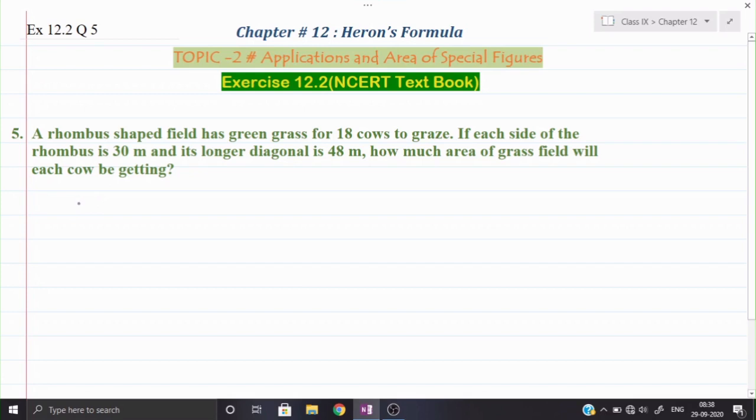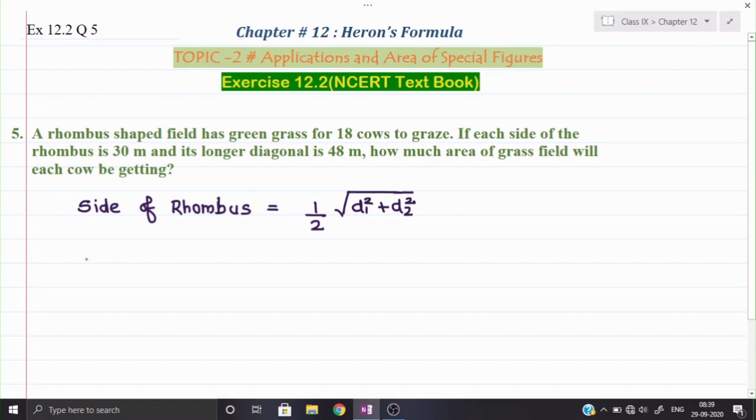See, the first formula is side of rhombus is equal to 1 upon 2 under root of d1 square plus d2 square.